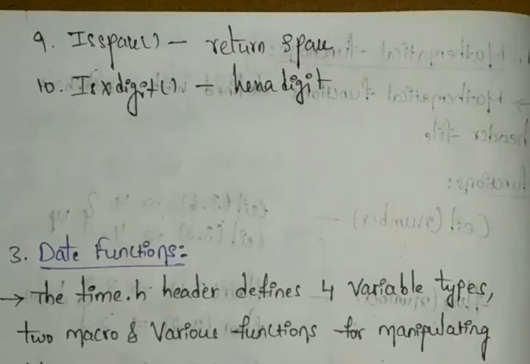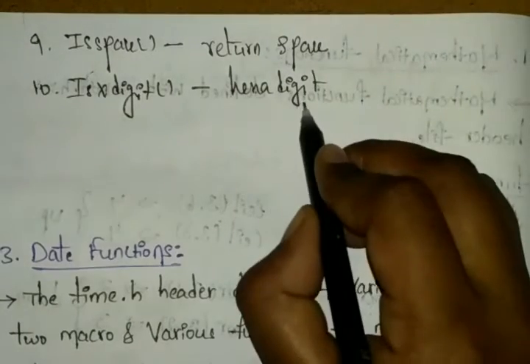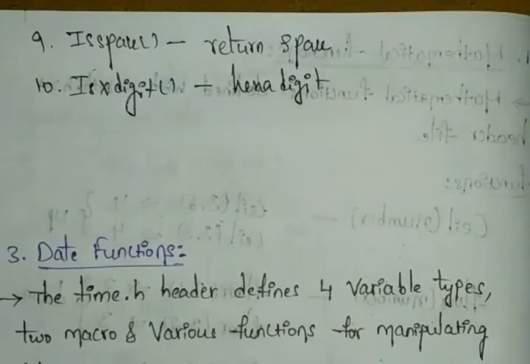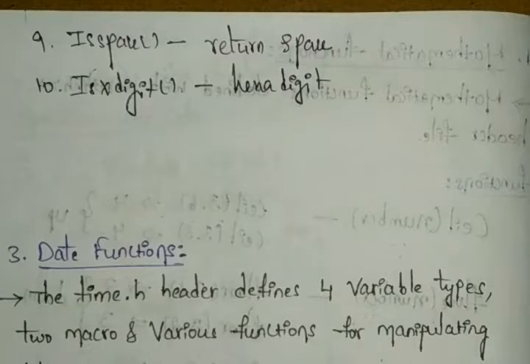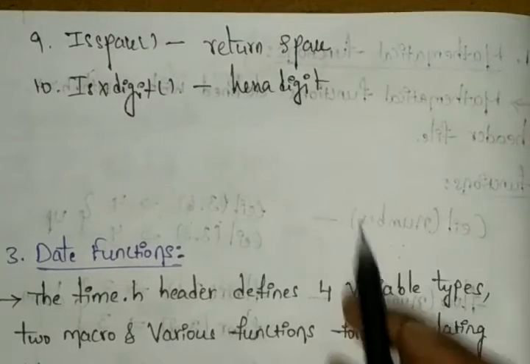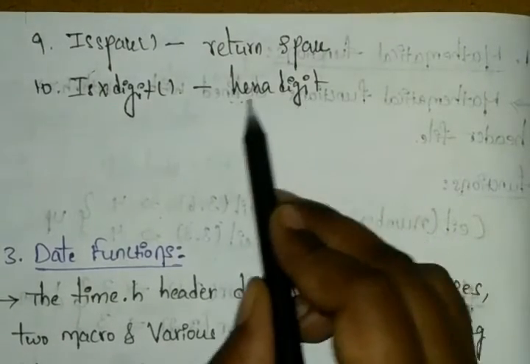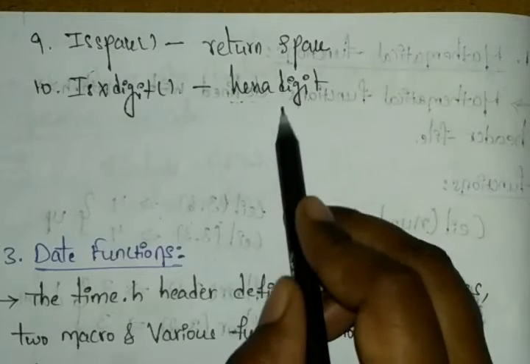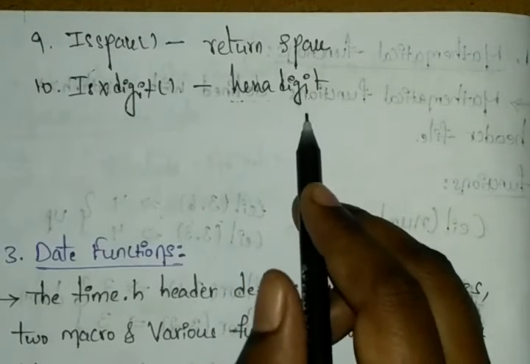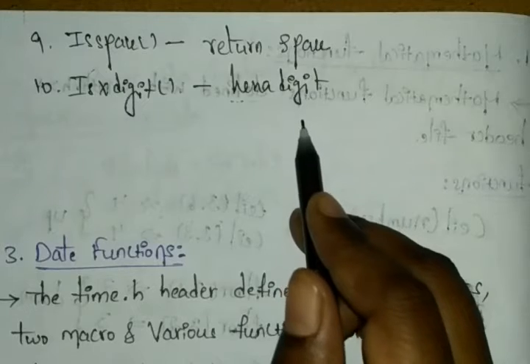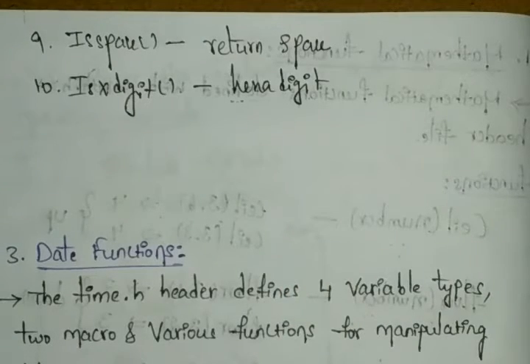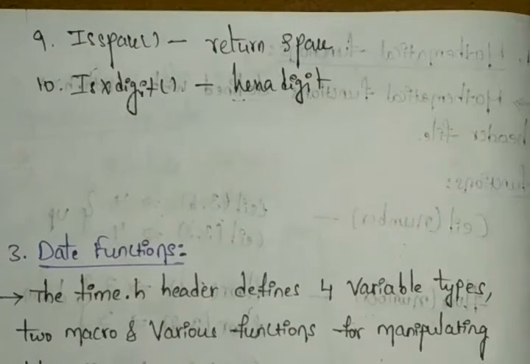Hexa means 16. Decimal digits are 0 to 9, and hexa will have A to F. Why? Because hexadecimal has 16 digits, which are 0 to 9 and A to F. If you enter those, it returns non-zero. Otherwise it returns 0 only.